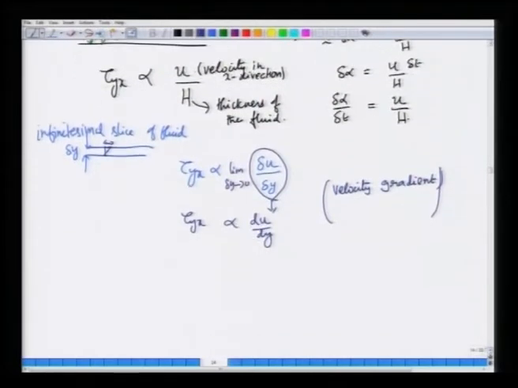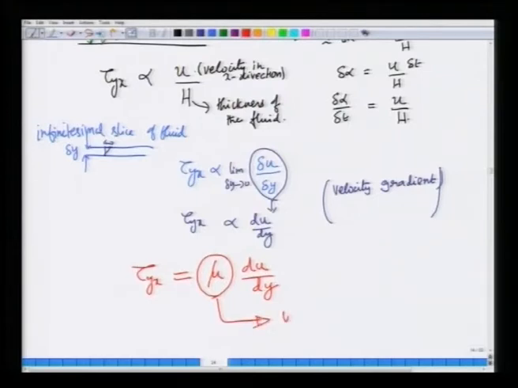So, you can replace the proportionality symbol with a constant of proportionality, and that constant is denoted by the Greek symbol mu. It is called the viscosity of the fluid.